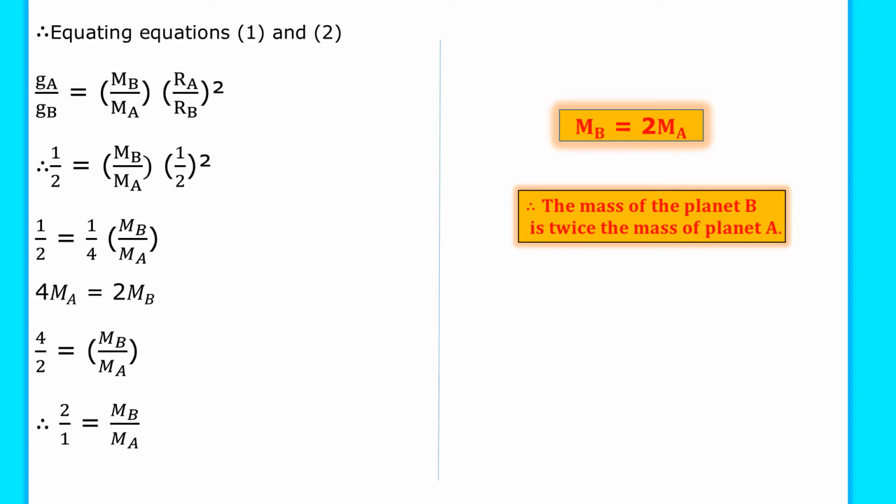So therefore 4 ma is equal to 2 mb, means we have to cross multiply this, then we will get 4 ma is equal to 2 mb. So 4 upon 2 is equal to mb upon ma. So therefore 2 upon 1 is equal to mb upon ma. So therefore mb is equal to 2 into ma. So therefore the mass of the planet B is twice the mass of planet A.